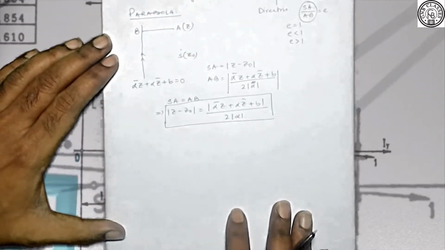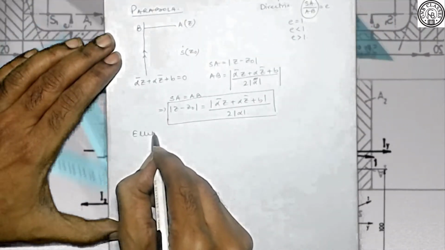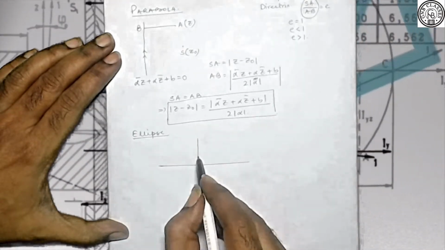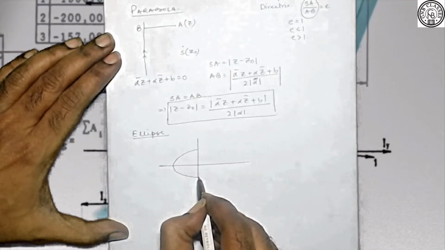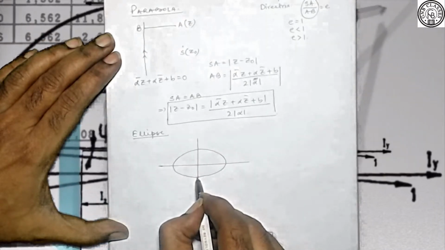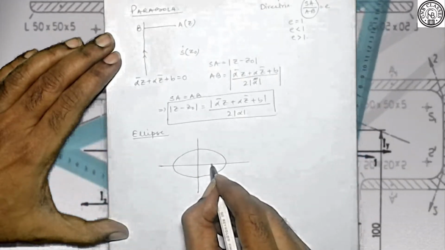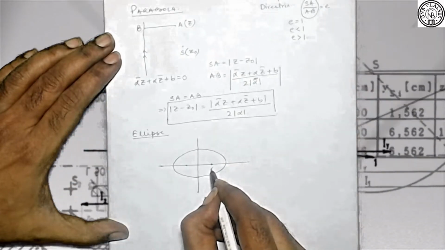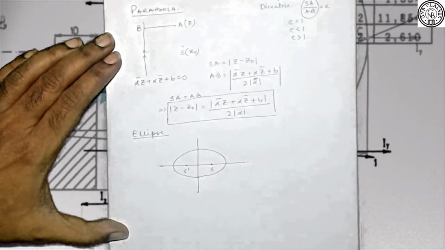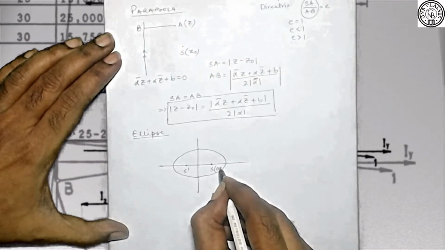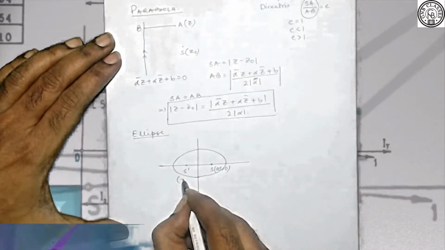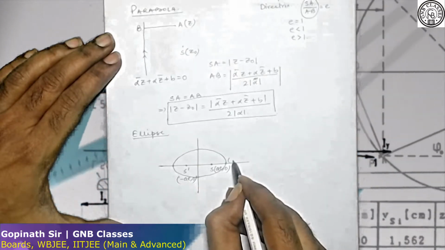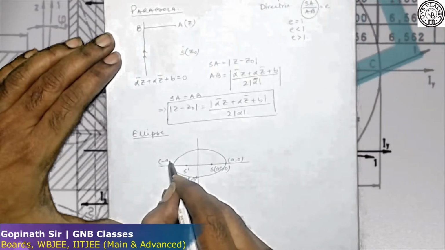Now let us come to ellipse. We know in the Cartesian plane, the ellipse looks like this. These are the foci. Let me denote them by S and S dash. The coordinates of the foci are (AE, 0) and (minus AE, 0). These are the vertices, which are (A, 0) and (minus A, 0).